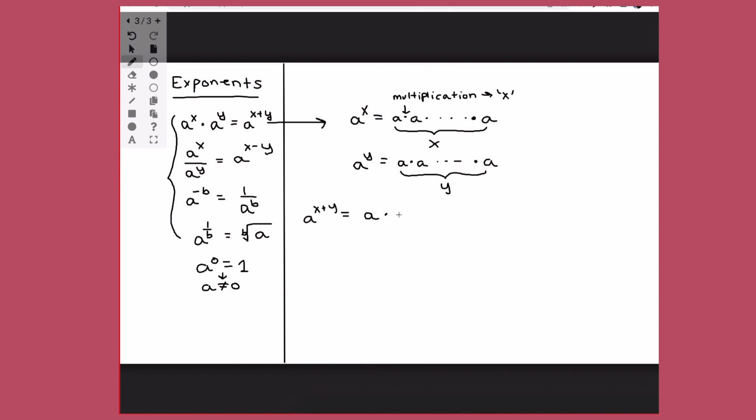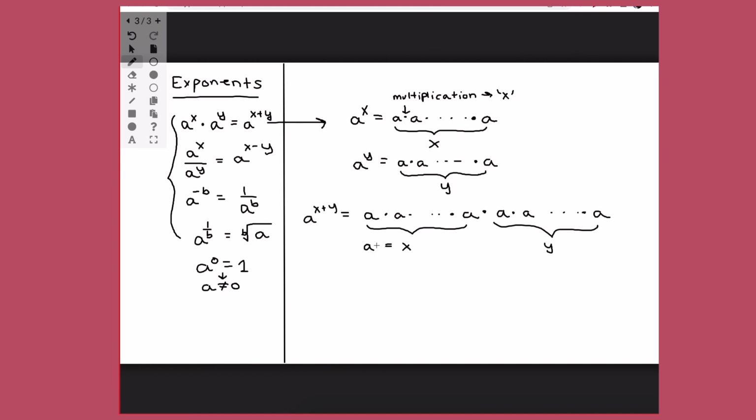So this is just a times a times a, x times, and then we multiply it by the second part, which is a times a times a, y times.